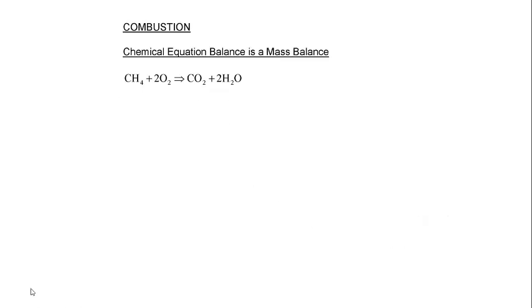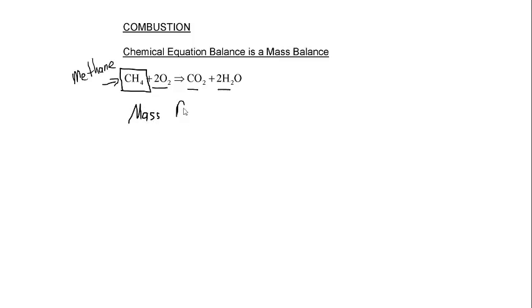This is what a typical combustion reaction looks like. In this case, we have methane reacting with 2 moles of oxygen to yield carbon dioxide and water.